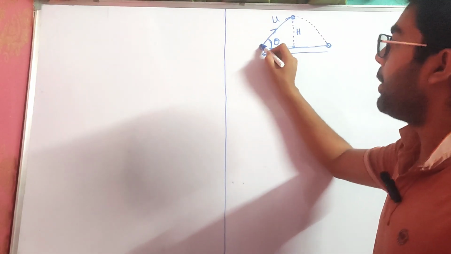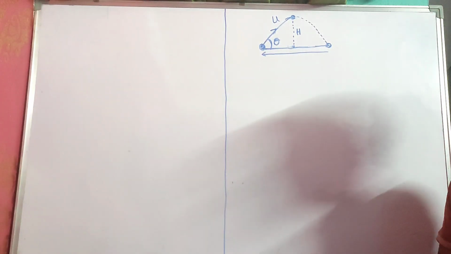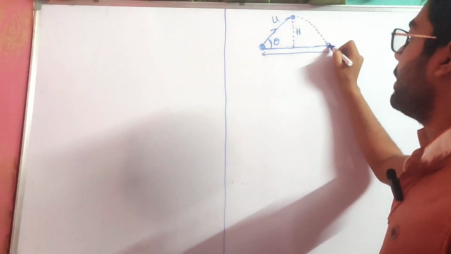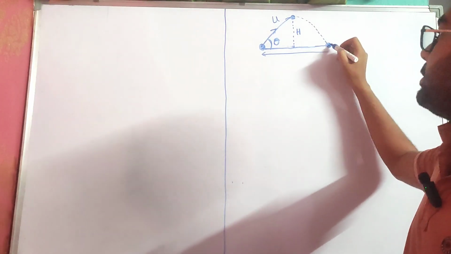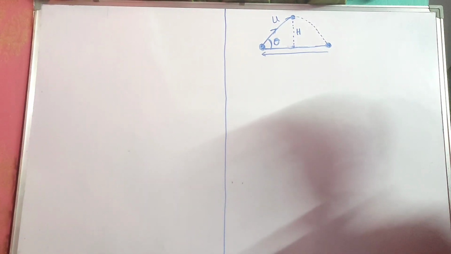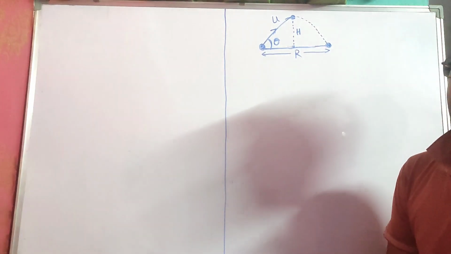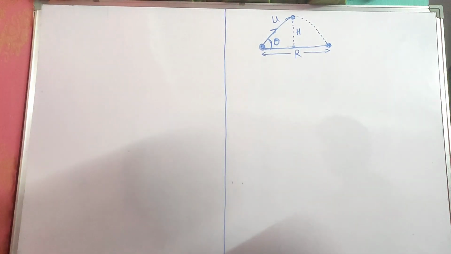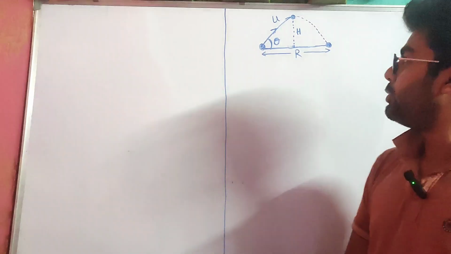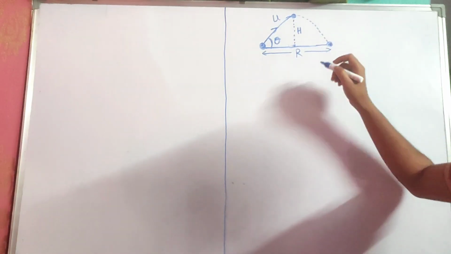This is the initial point of this body, and this is the final point after it falls down, and this is the horizontal range that the body has moved to the final point.